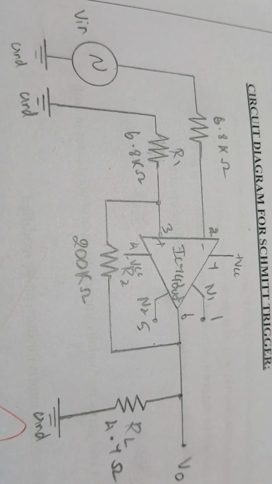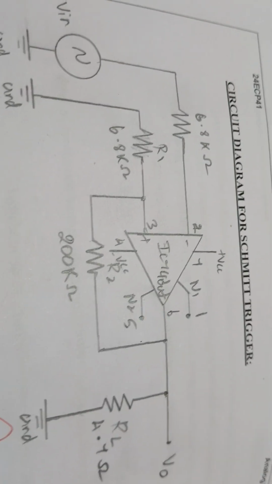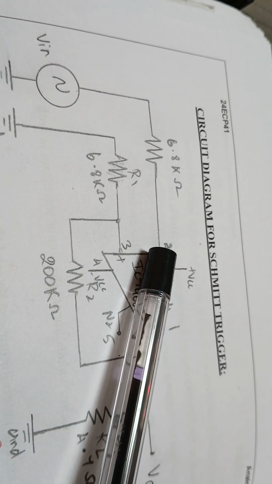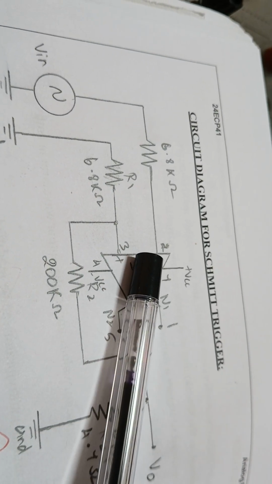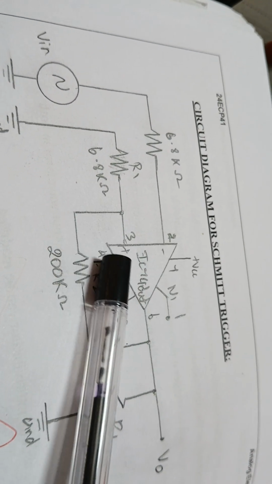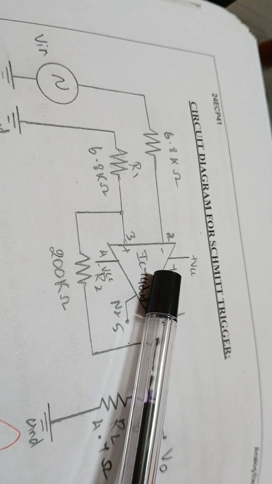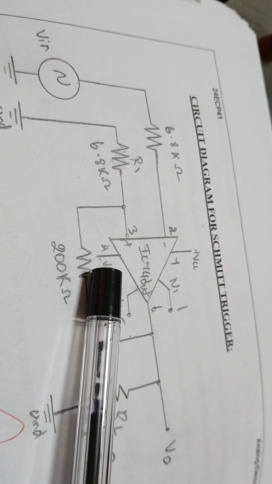We have two inputs. The sine wave input is given to the inverting input terminal of the Opamp. We know that the Opamp is the 8-pin IC 741. To pin numbers 7 and 4 we are giving the VCC supply.